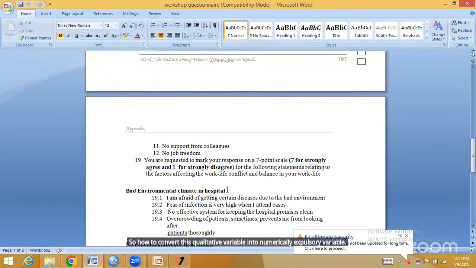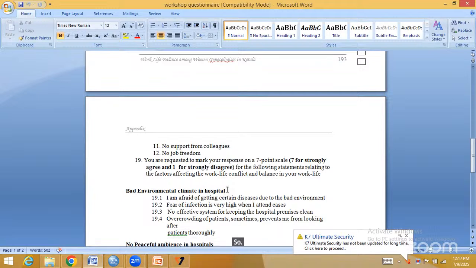For that purpose, we use a 7-point scale. This is an interval scale. 7 levels are fixed. The highest level, 7, means strongly agree. Strongly agree is the highest level to which we give a score of 7. The lowest level is strongly disagree, to which we give a score of 1.